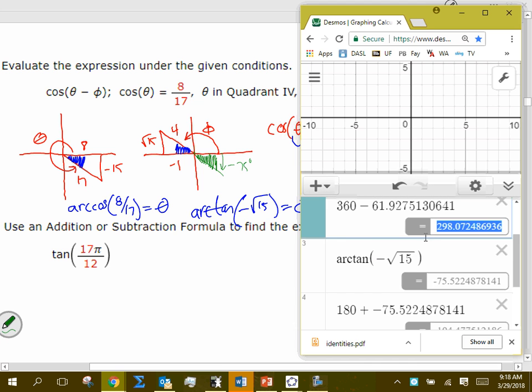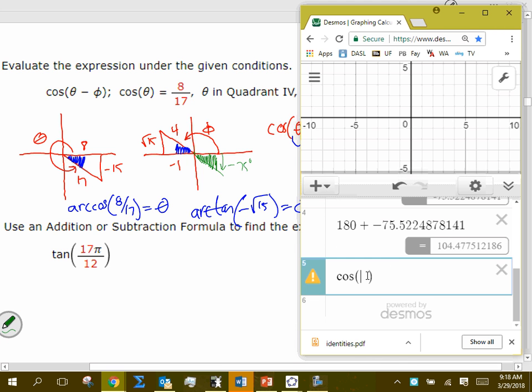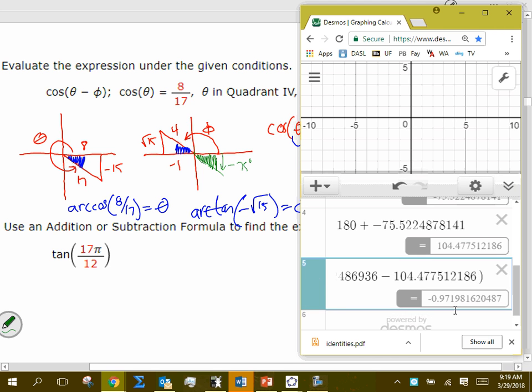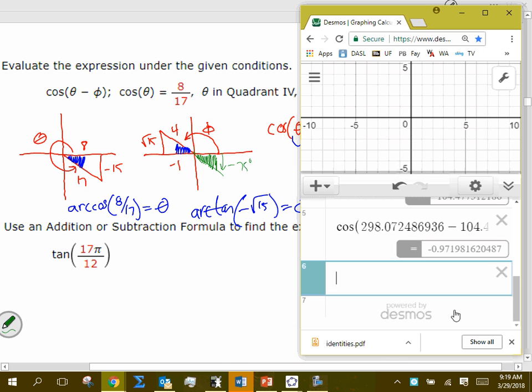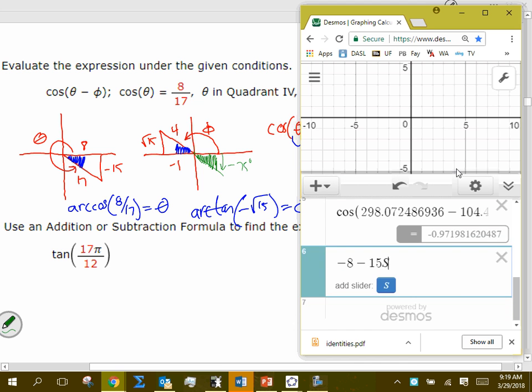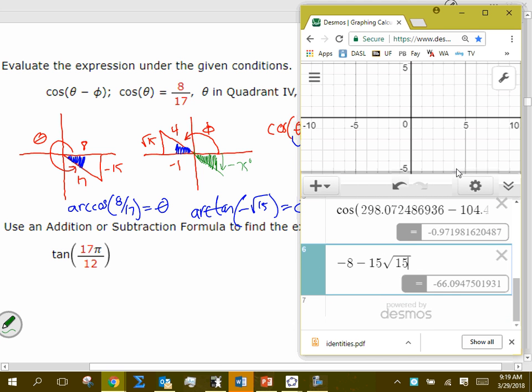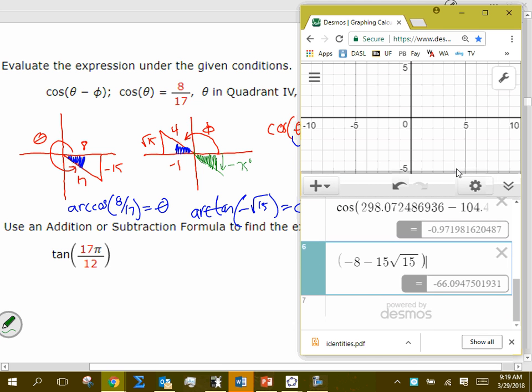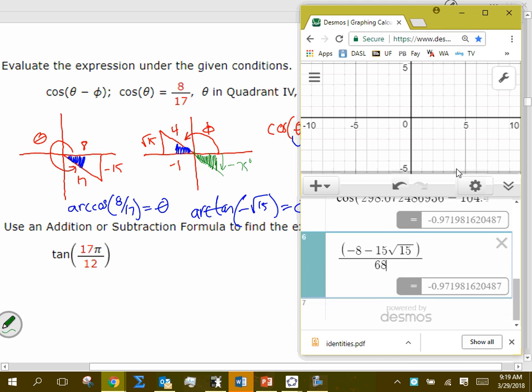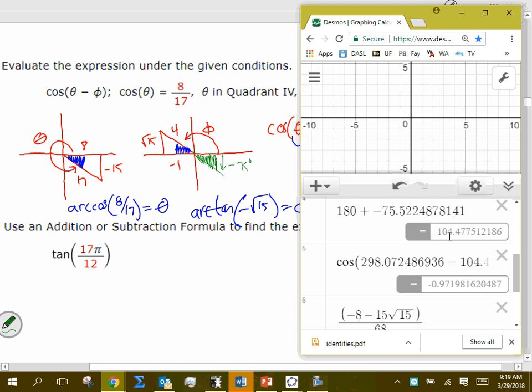So let's put it there, minus then phi, which is that number, and it gives me negative 0.97, right? So there's the decimal of cosine theta minus cosine phi. If I take negative 8 minus 15 square root of 15 divided by 68, does it give me the same decimal?